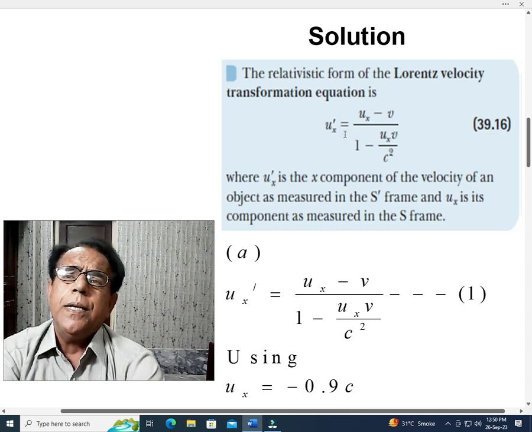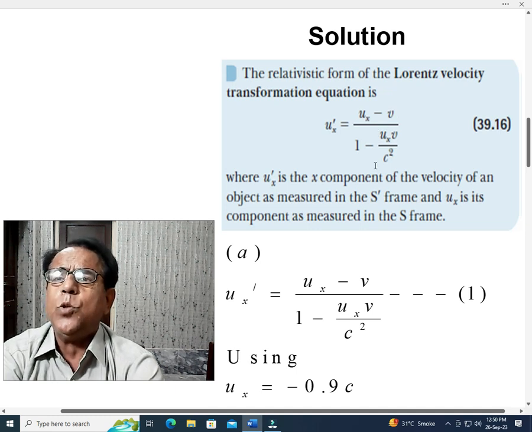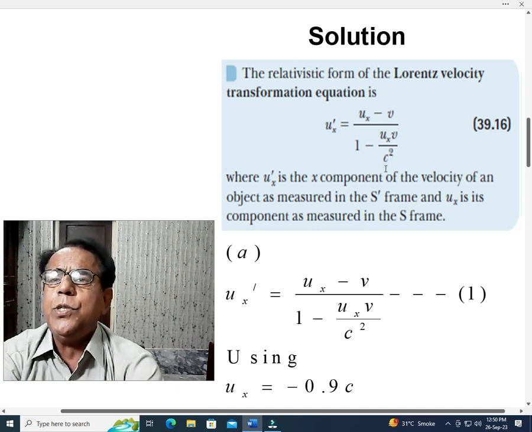So we will solve this problem within the philosophy of this snapshot: u'x = (ux - v) / (1 - ux v / c²).